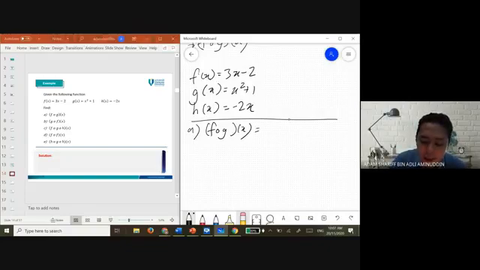Okay, for the case of FX is 3x minus 2, look here. And how about if the whole GX becomes the input for F? Jadilah 3 GX tolak 2.